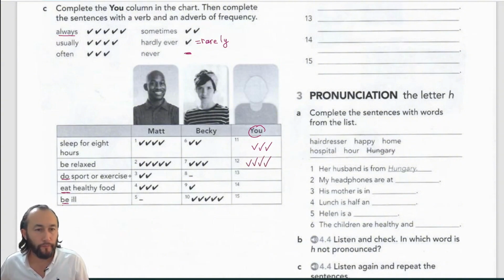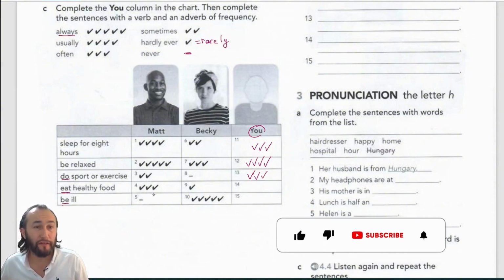Okay. Do sport or exercise? Often. I don't do it a lot these days, so I'm gonna put 3 ticks. Okay. Eat healthy food. Right. I usually eat, not always. My wife cooks for me. Sometimes healthy, sometimes not very.